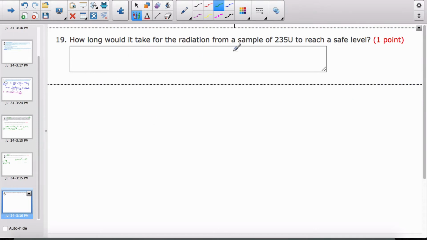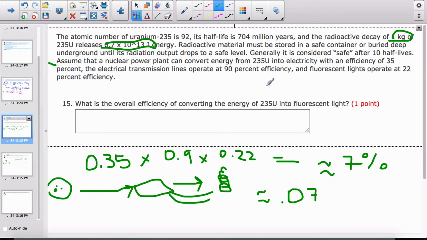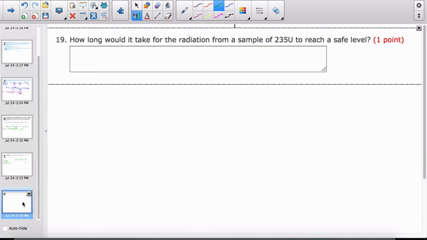And then it says, how long would it take for the radiation from a sample of U-235 to reach a safe level? It mentioned that it's considered safe after 10 half-lives, and it tells me that one half-life is 704 million years. And we'll talk about half-lives more too. So one half-life, I write HL, is equal to 704 million years.